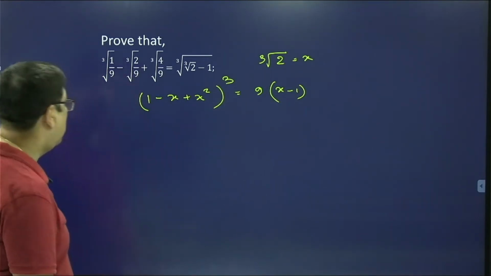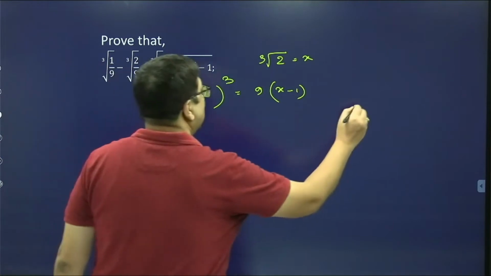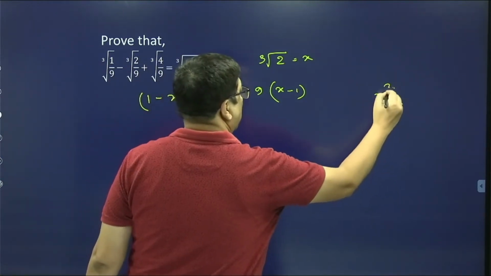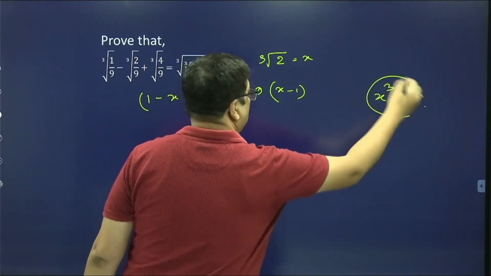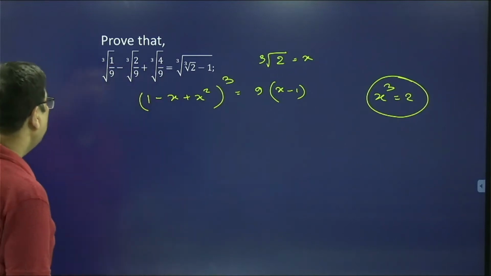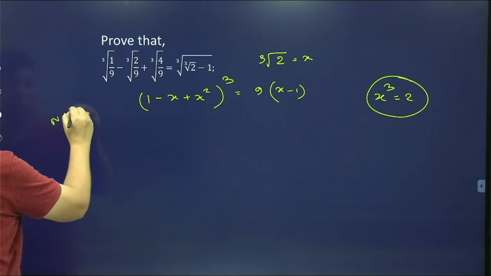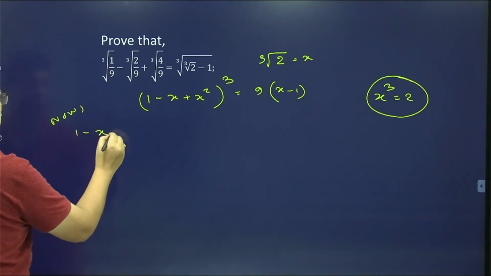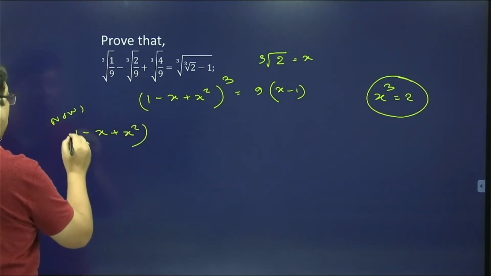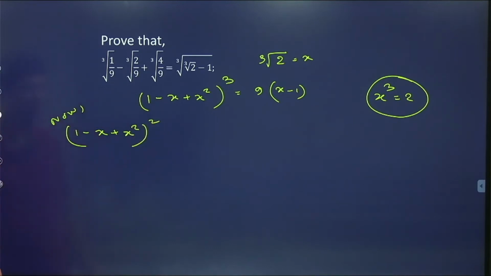So now what we'll do, we have to write in this way. x cube equal to 2, a point to be noted. Therefore, just do one thing. Now we can write (1 minus x plus x square) whole square, a plus b plus c whole square.